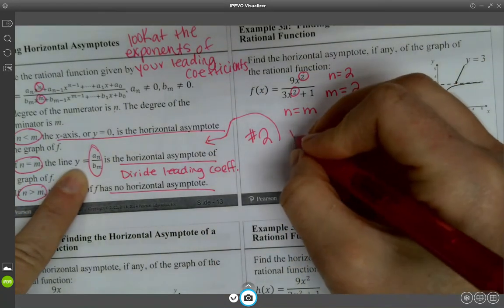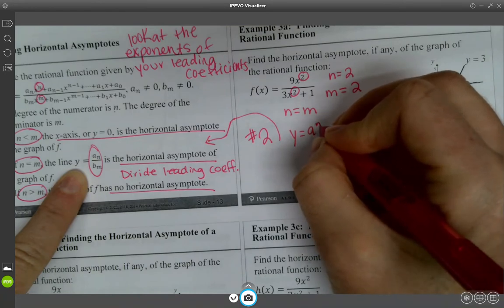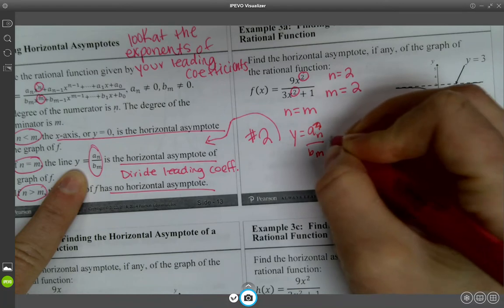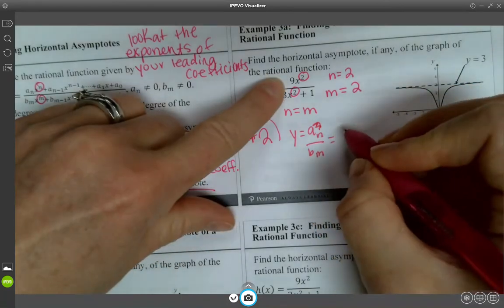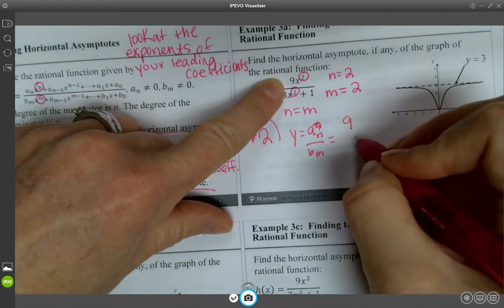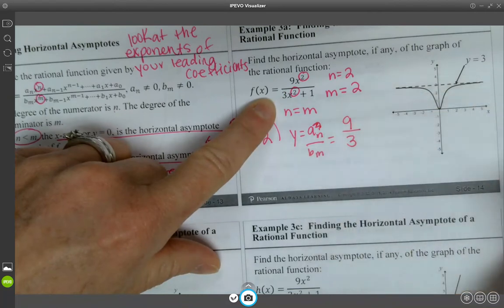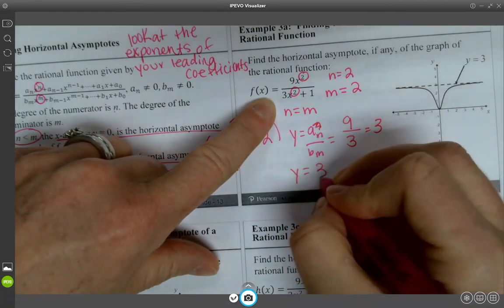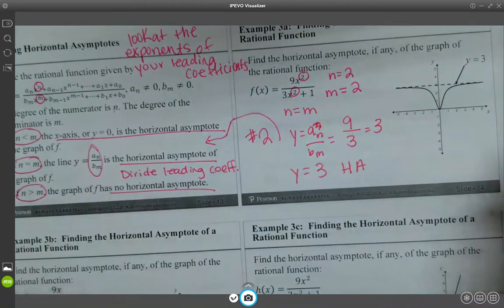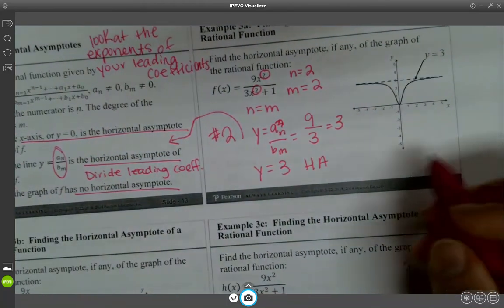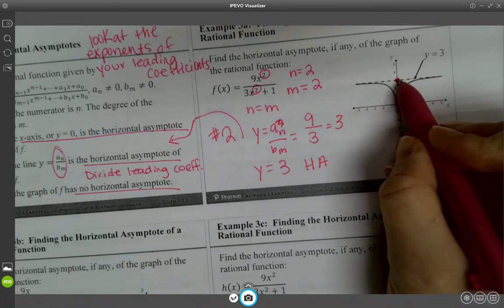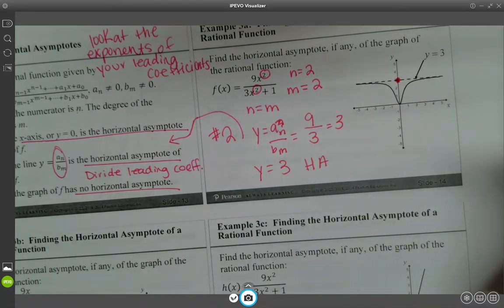So I'm going to do y equals a_n over b_m. If we look, 9 is our leading coefficient and 3 is our leading coefficient, which gives us 3. So y equals 3 is my horizontal asymptote. Remember, it's a horizontal line where y is 3. So you put a point there and draw a dotted line. That's y equals 3.